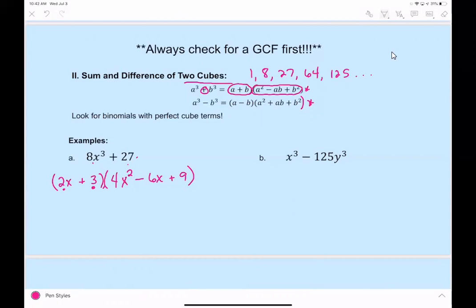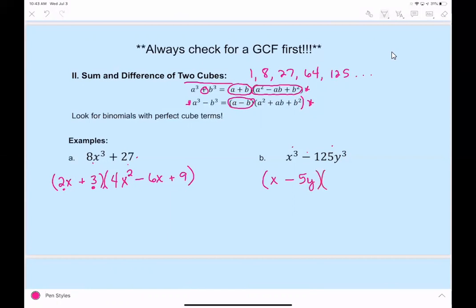Here we're going to do the same thing. We're just going to use the second one because of the minus. So to determine this binomial here, we're going to do the cube root of these terms. So the x cubed will break down into an x. I'm going to have a minus, and then the cube root of 125 is 5, and then my y cubed is y.